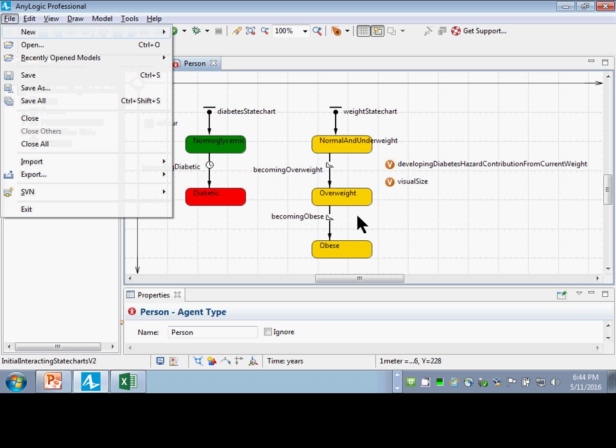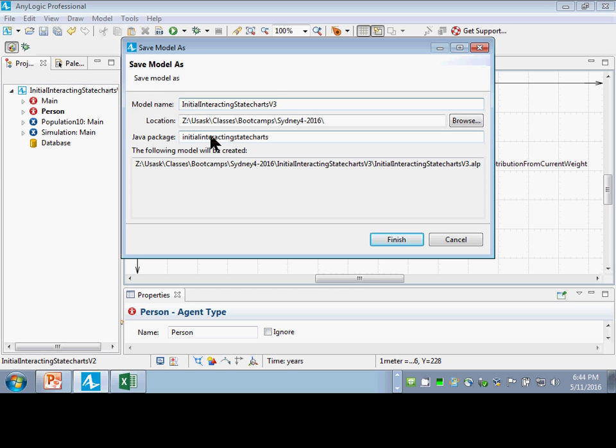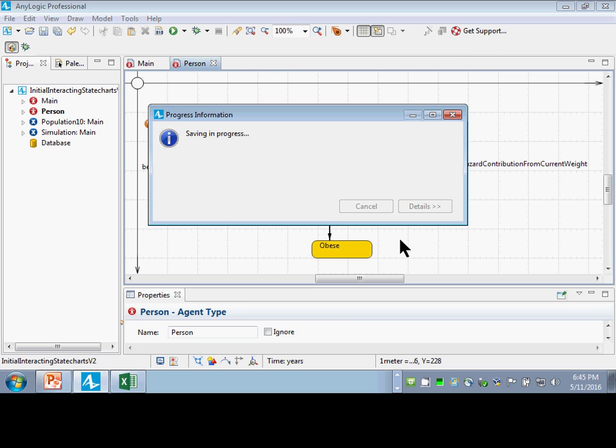So I'd like to save this model with a new name, which is going to be called initial health economics V1. I just did this here, and we're going to elaborate it with several features.